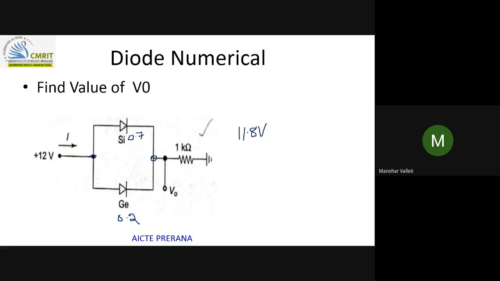Both are forward biased, but only the germanium diode conducts. The silicon diode is forward biased but not in conduction, because the voltage across it is not crossing 0.7; it is at 0.2 only. That's why the output voltage will be 11.8 volts. Till now we saw only forward bias or reverse bias. Now it is forward biased and in conduction.